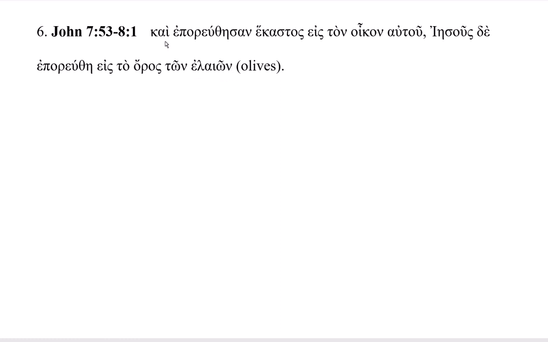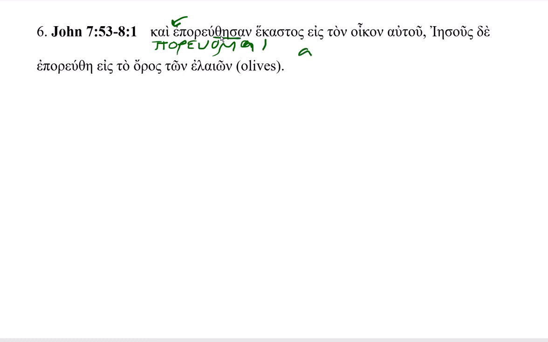We've got kai and then we have eporeuthesan. So here we have a verb poreuomai, and that is to go, to come. And so we have an augment here, and we have the the tense formative.